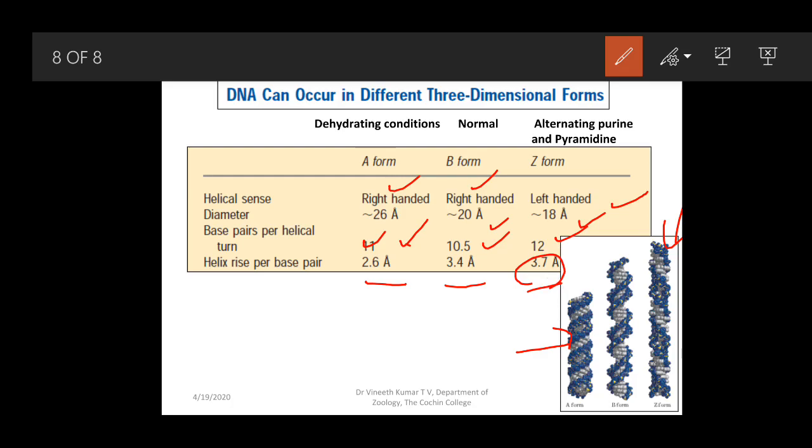So this is a general idea about the structure of DNA. We talked about the different structural peculiarities of the DNA and the Watson and Crick model, and also saw the different types of DNA: A form, B form and Z form DNA.